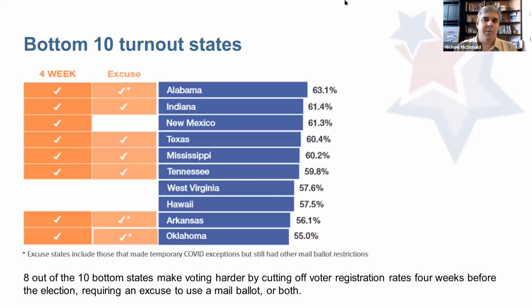If we flip this around and look at states that had restrictive voting laws in some way, maybe you had to have a 4-week deadline for registering to vote. Perhaps there was an excuse requirement and COVID was not a legitimate excuse in your state, or it may have been narrowly tailored by some states to who might qualify.